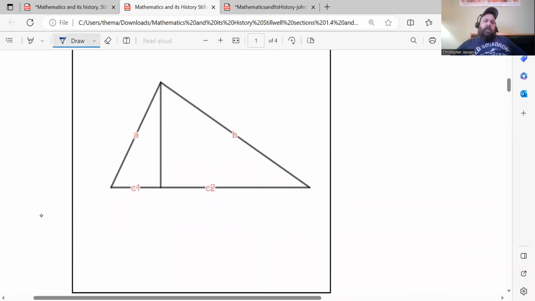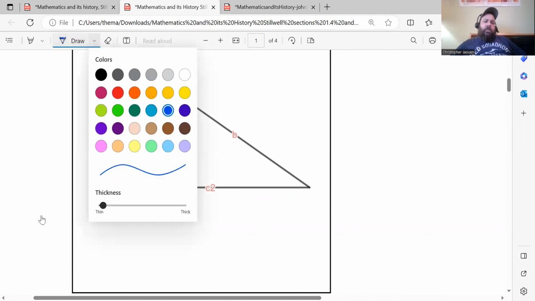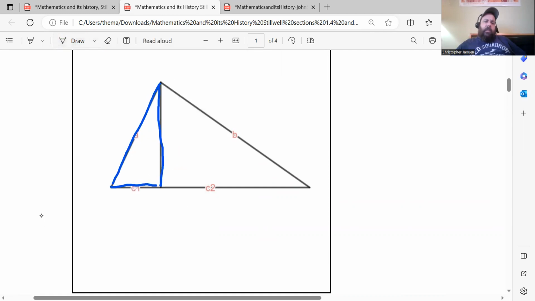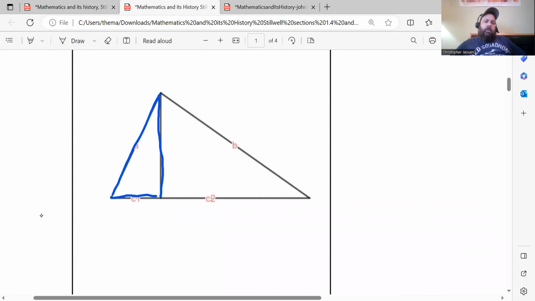So what he's saying is this triangle here is similar to this triangle. And they're both similar to the large triangle.